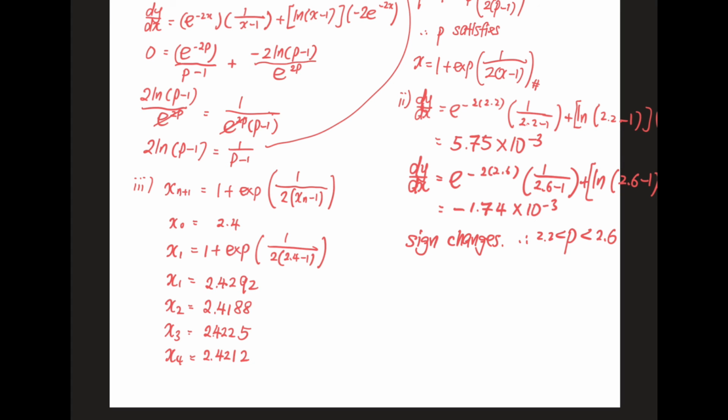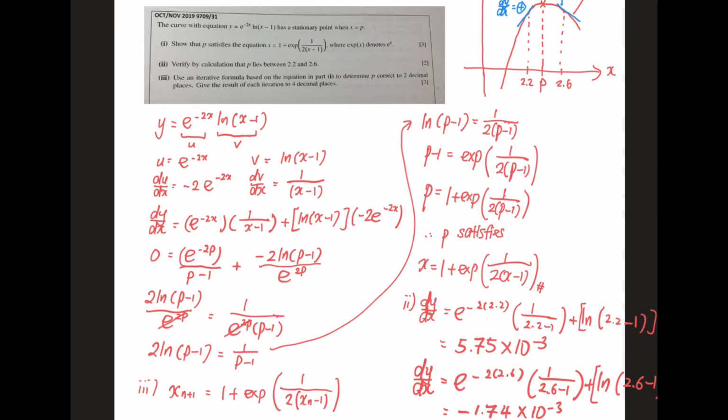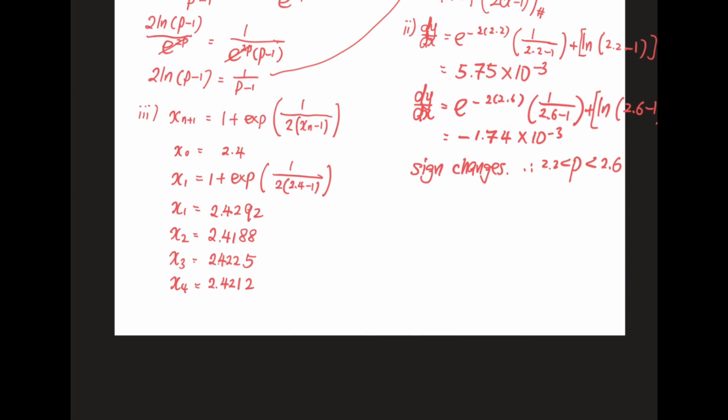So you may be wondering, until when should we stop this? See the question again. They said determine p correct to 2 decimal places. So you can stop when you round off the x value to 2 decimal places and there is no difference. For example, if you round off this one to 2 decimal places, it is going to be 2.42.